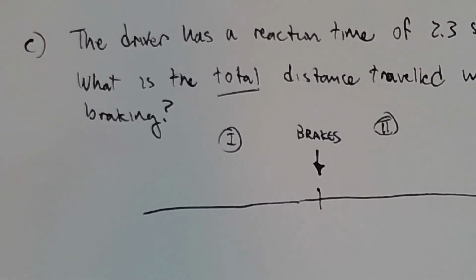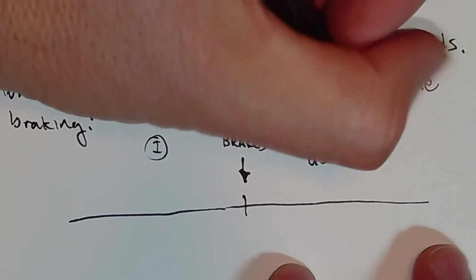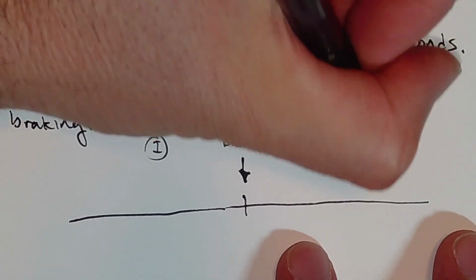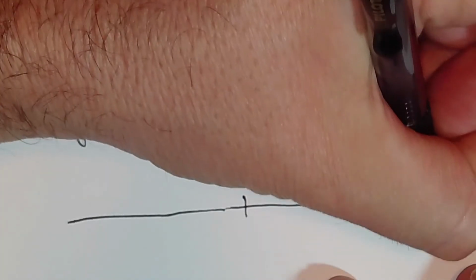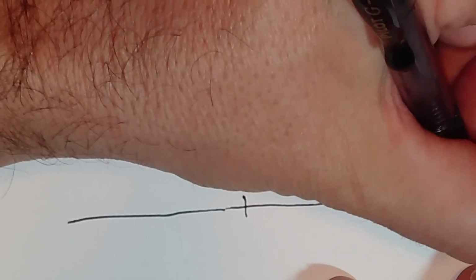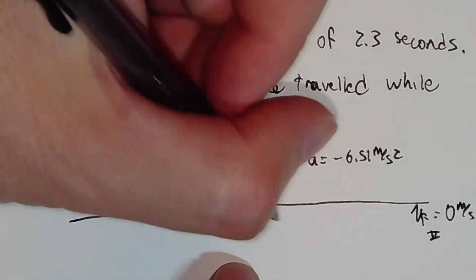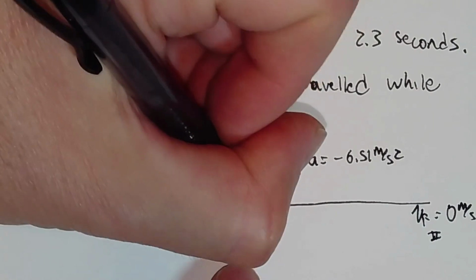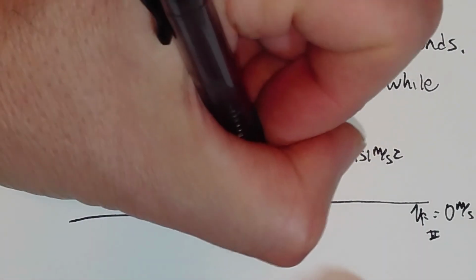And from that point on, they have an acceleration of negative 6.51 meters per second squared. And we've solved all this out. We know the final velocity in this part is 0 meters per second. We'll call that final velocity 2. The initial velocity right at braking was 17.9 meters per second.